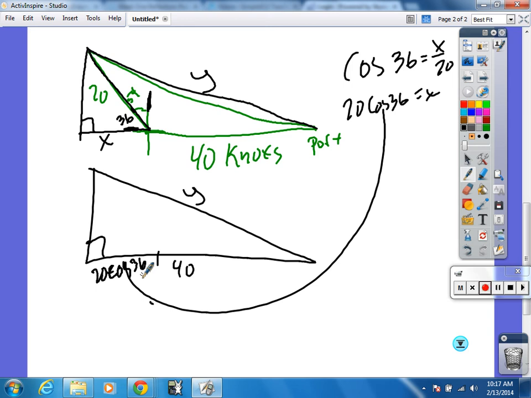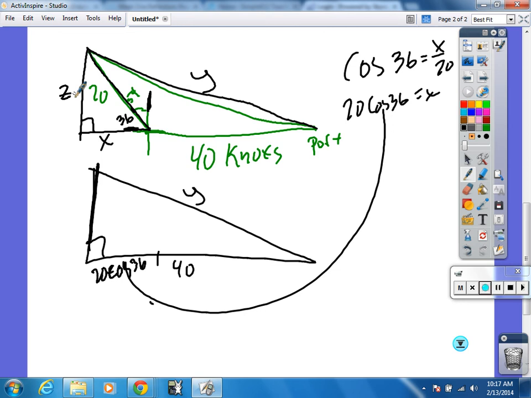Okay, so now I can find this height really easily as well, right? How can I find him? We could call him Z, couldn't we? How could I find him really easily? I could do the Pythagorean theorem, couldn't I?